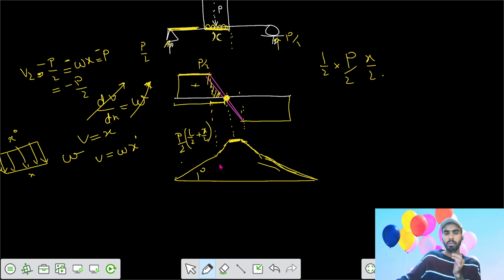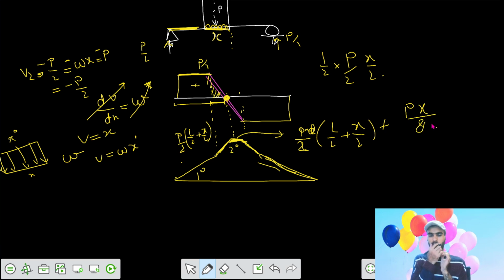This one is your 1 degree part, this one is your 2 degree part, and you can join the two. This value we can have as P by 2 into L by 2 plus x by 2 plus P into x by 8, 1 by 2 into x.